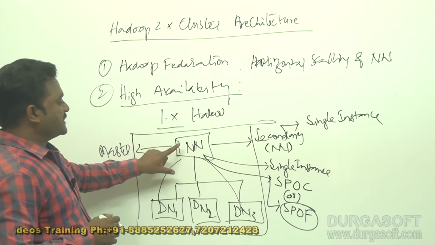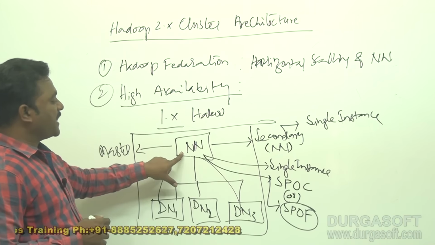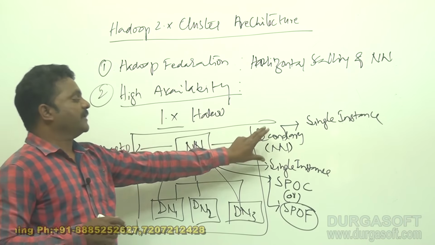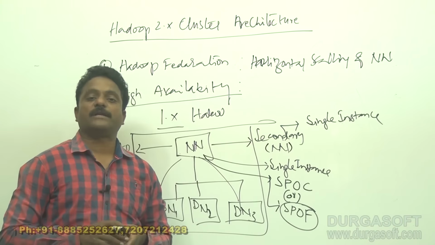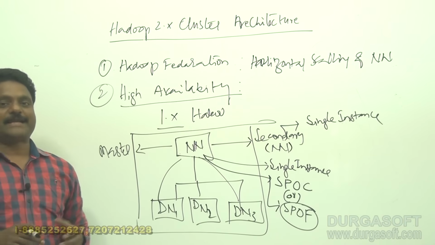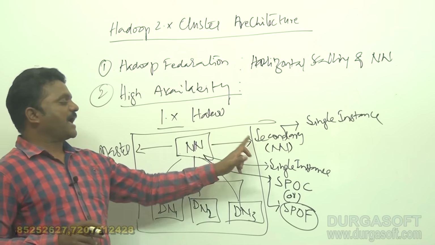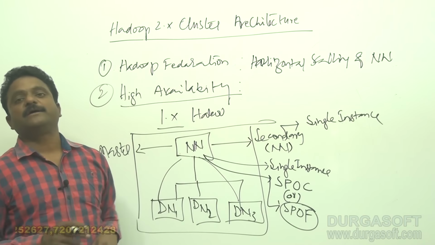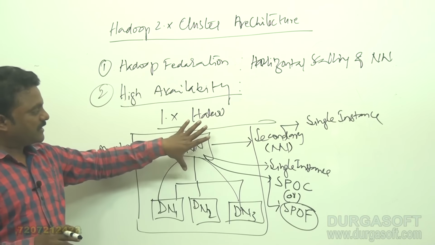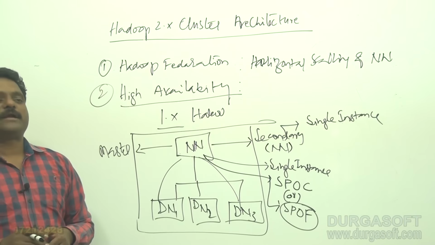There is a vulnerability that it may fail, and if it fails we have a kind of standby, which we call the secondary, but again there is a chance that we may lose 1 hour of data, because hourly the image of the edit logs and the FS image is captured from the name node. So the name node becomes the single point of failure.